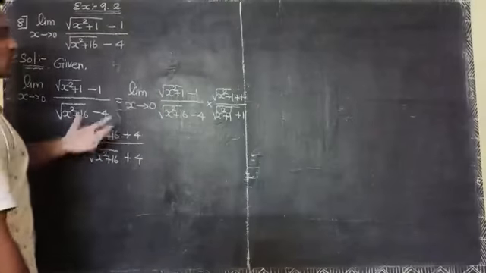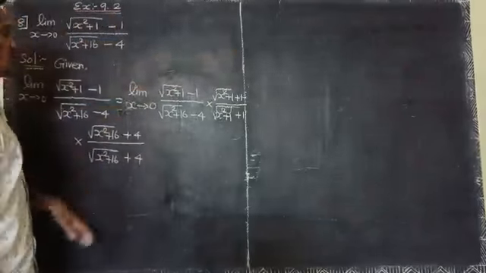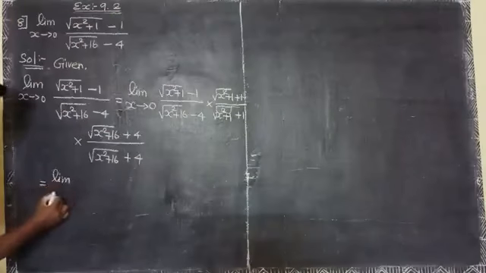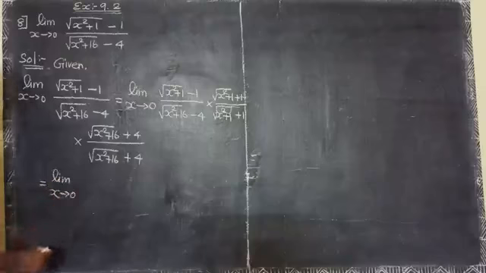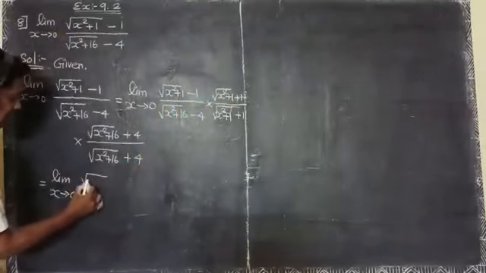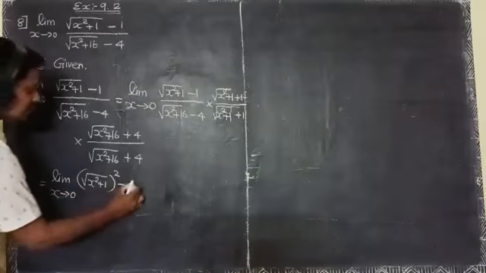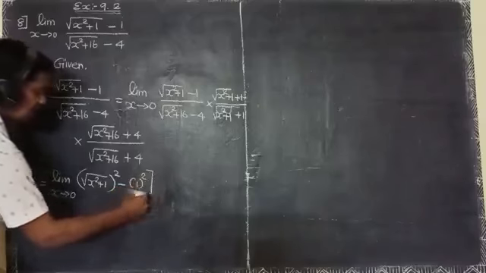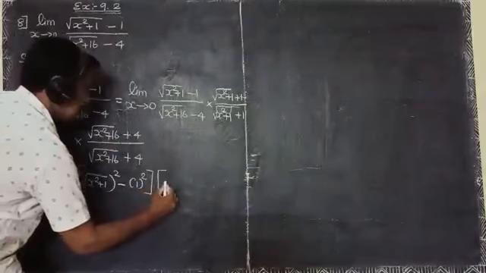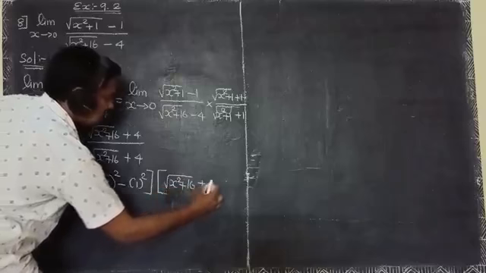And the numerator a minus b into a plus b can be written as a square minus b square. That is the limit as x approaches 0 of a square minus b square, multiplied by the other factor, square root of x square plus 16 plus 4.